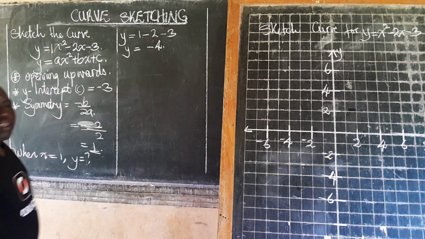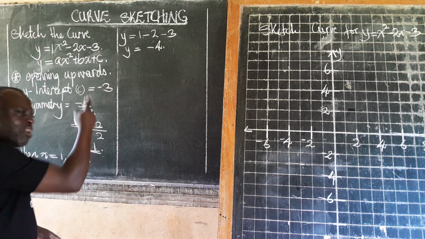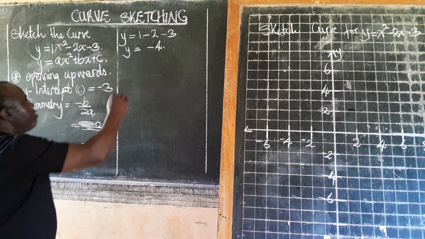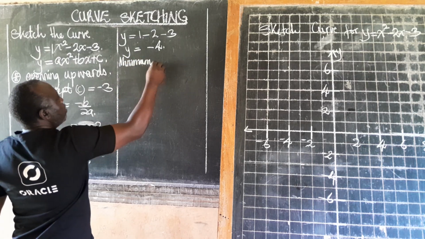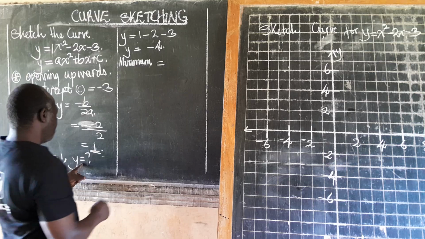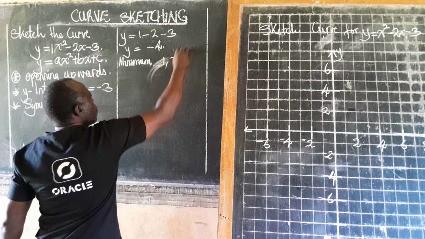What does that imply? That now our minimum value, the lowest value of the curve, is going to be our minimum. Our minimum is going to be 1, negative 4.